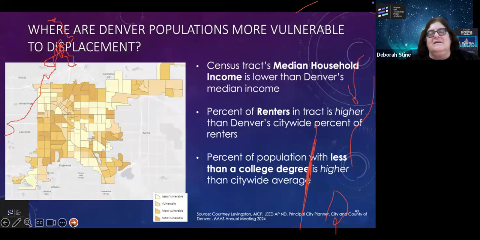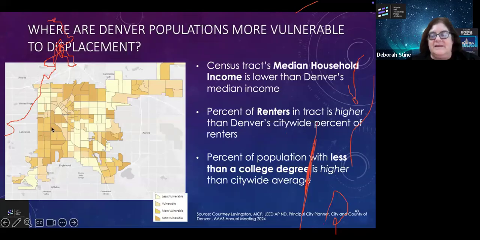And this is what they found. In this particular diagram, you can see that the lighter the color, the less vulnerable they are to displacement, and the more intense the yellow, the more vulnerable they are to displacement.